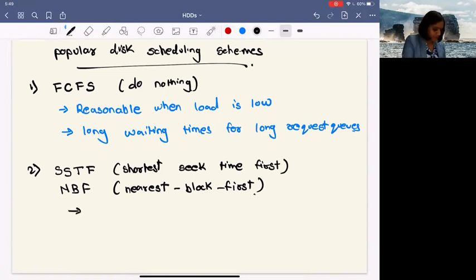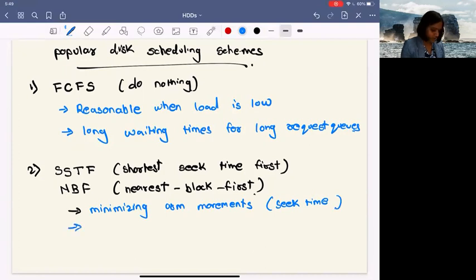Now, these two policies are intuitive, with a reason: we are minimizing arm movements, such as seek time and rotation time, for shortest seek time first and nearest block first.